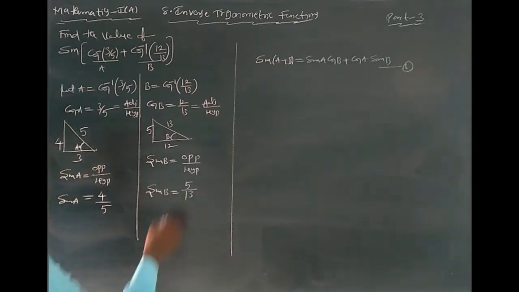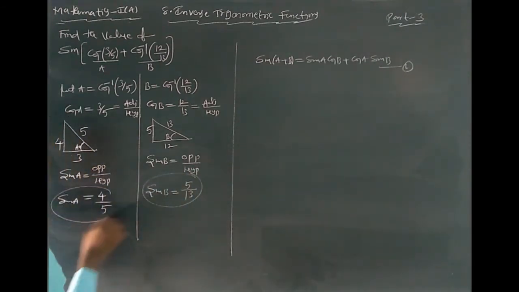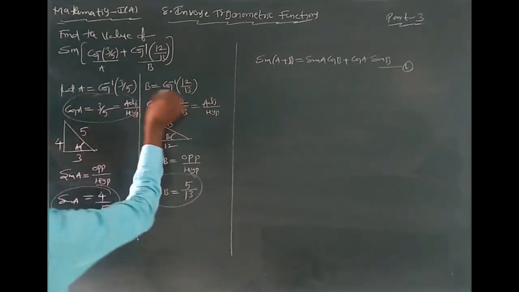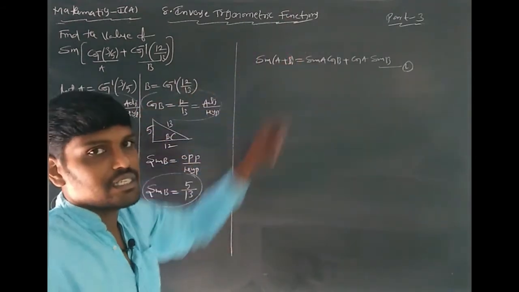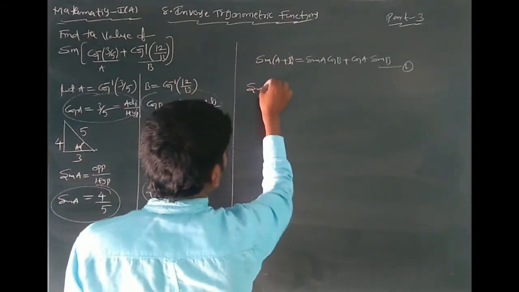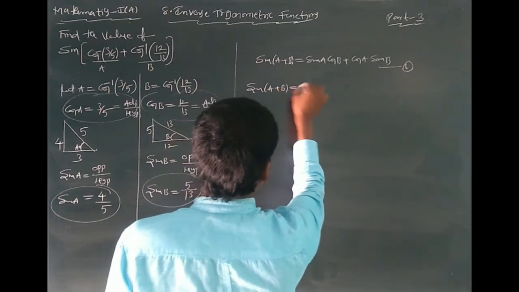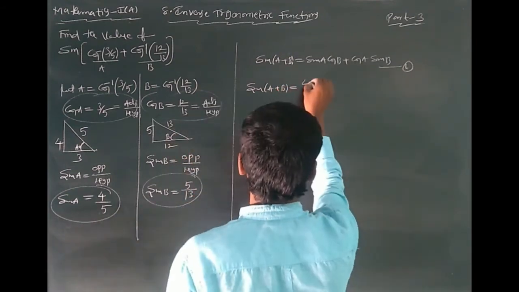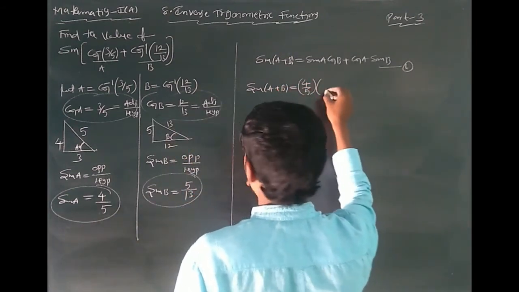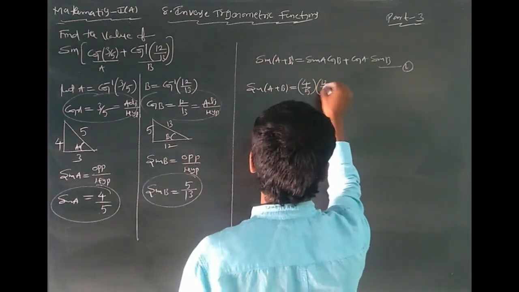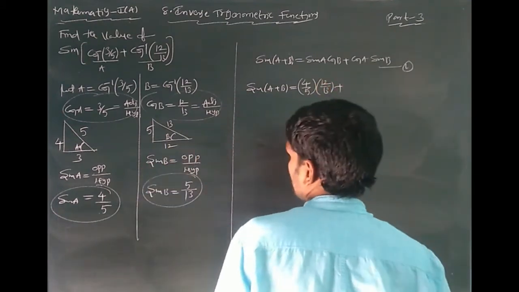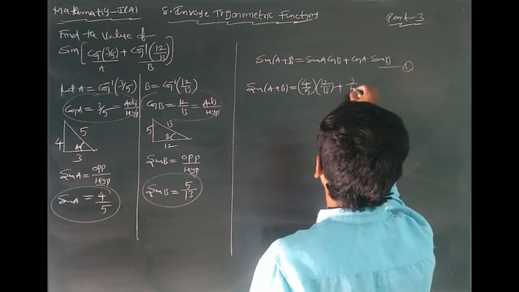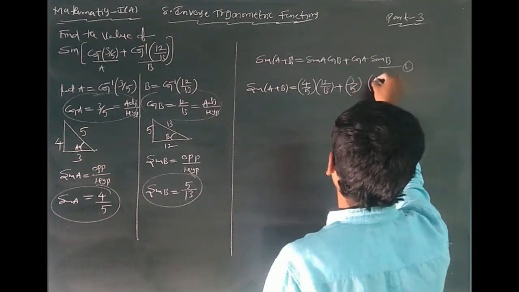These are the values. Sin B value, sin A value, cos A value, cos B value substituted in this equation 1. You get sin of A plus B equal to sin A value, 4 by 5, into cos B value, 12 by 13, plus cos A value, 3 by 5, into sin B value, 5 by 13.